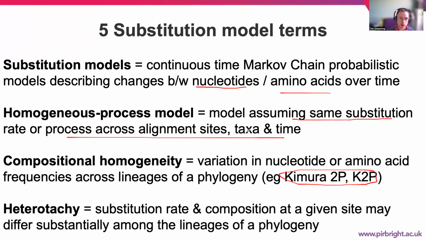A complication with this is called heterotachy, and that's where we get variation in substitution rates and composition at certain regions of the genome in our alignment of interest. So we have to think about how complex we can make these substitution models, rather than over-complicating things.